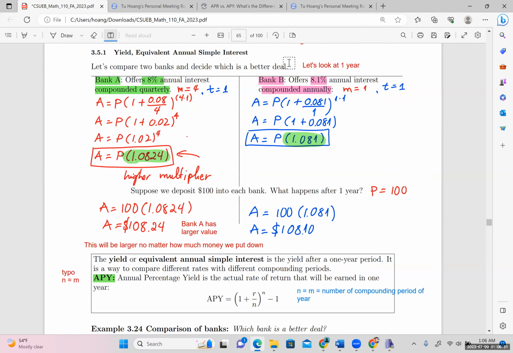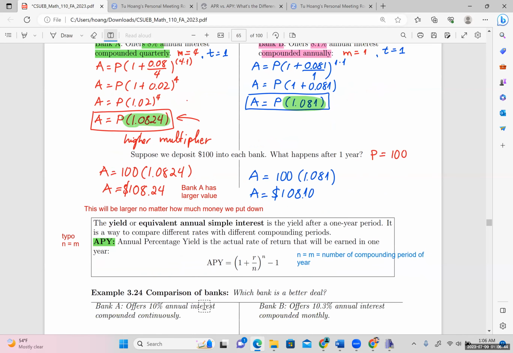And then for bank B, if my APR was 8.1% compounded annually, I can also convert it into APY, and then I can compare the APYs between bank A and bank B to make a conclusion about which one is better in 1 year, which one has a higher amount, right?